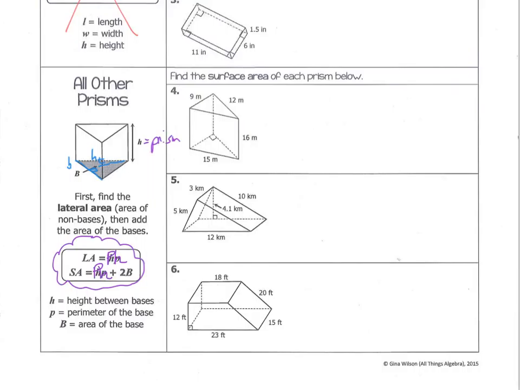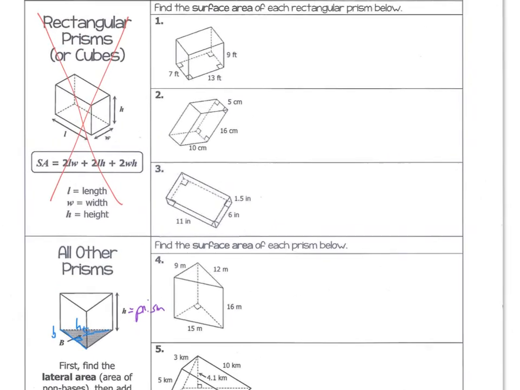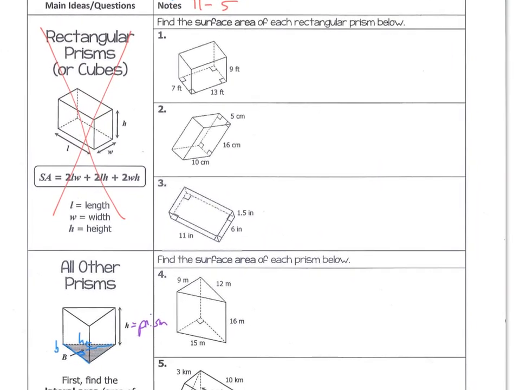All right, so let's go ahead and use that formula above. All I need to find are three things: the perimeter of the base, big P, the height of the whole prism, and then the area of one of the bases of the figure. So let's start with number one. I want you to go ahead and shade your bases.